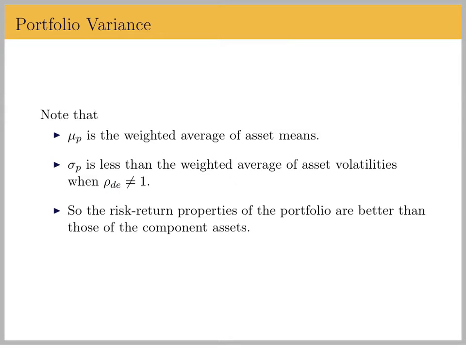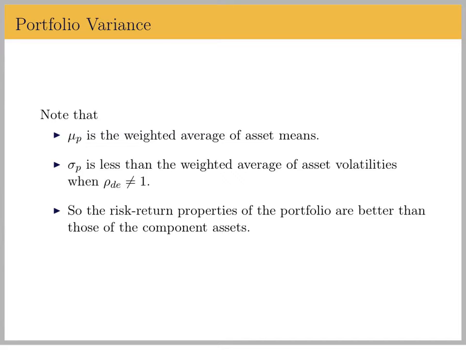And so what does that mean? The portfolio has a weighted average of returns, but less than a weighted average of volatility, so that the volatility characteristics are better relative to the return, in which case we say the risk-return properties of the portfolio are better because it's maintaining an exact weighted average of returns, but less than a weighted average of volatility.